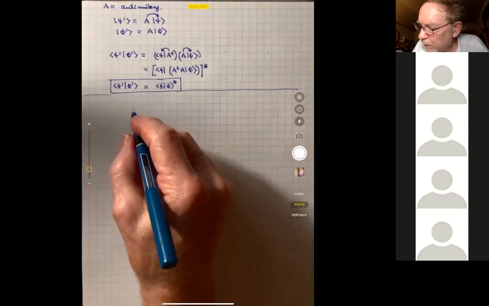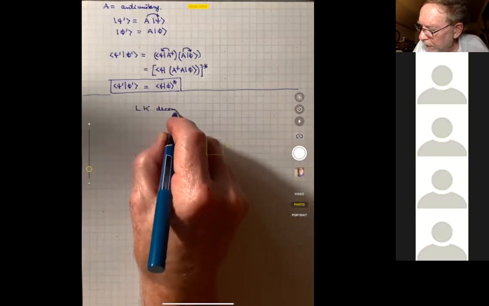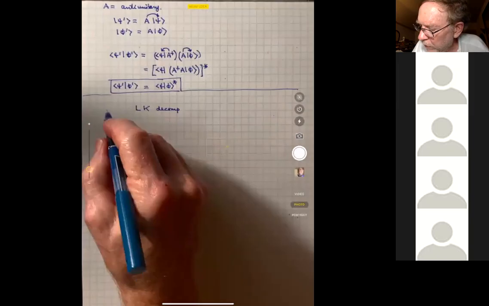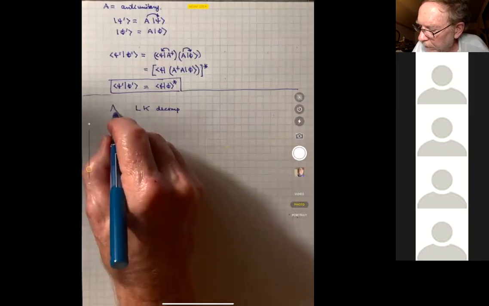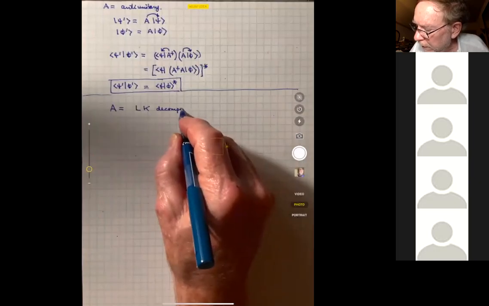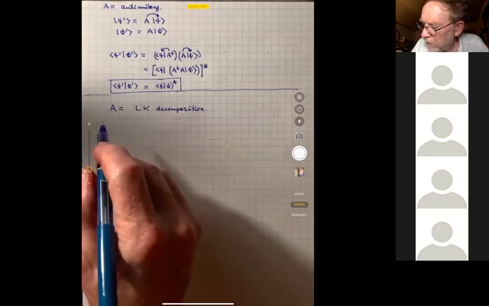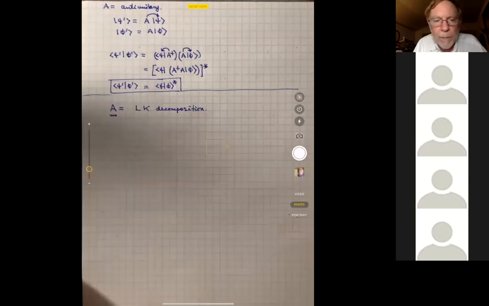Now, next I'd like to tell you about what I've called the LK decomposition of an antilinear operator, not necessarily anti-unitary, but any antilinear operator. I'll tell you what I mean by this. We've got some antilinear operator that might be complicated.